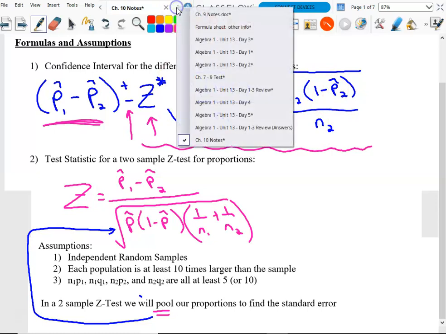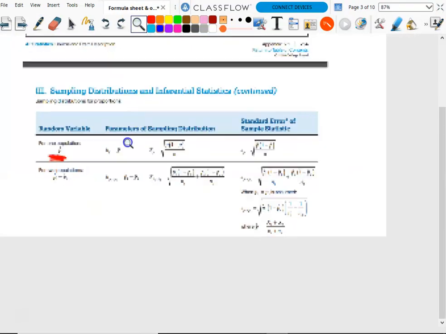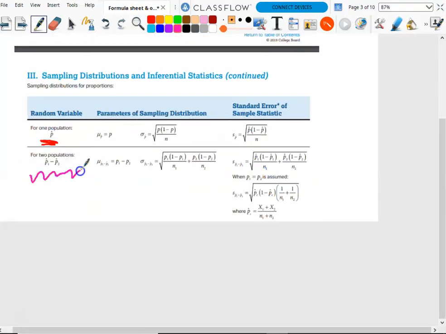I am going to show you that in your formula sheet, you have that formula for two proportion problems. There she is. I'm going to come back to this in just a minute. But you've got the formula for the standard deviation, just like you had the formula for the standard deviation in a one sample problem.